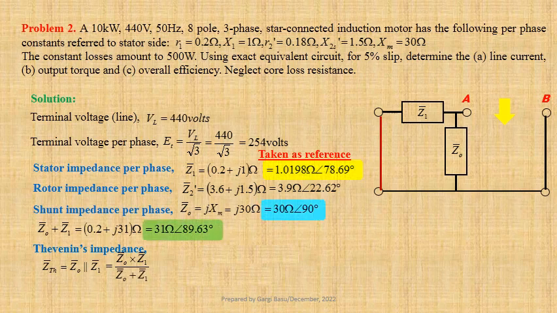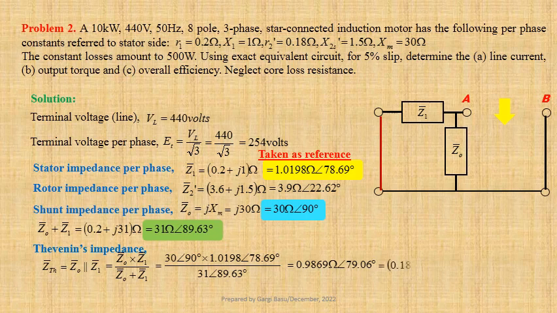Using values we get 30 at an angle 90 degree into 1.0198 at an angle 78.69 degree divided by 31 at an angle 89.63 degree. That gives us 0.9869 ohm at an angle 79.06 degree. This may be written in Cartesian form as 0.1873 plus J times 0.969 ohm.